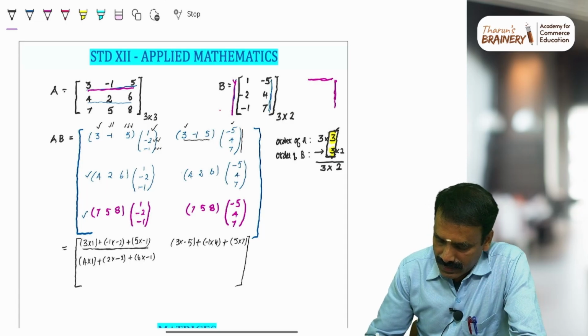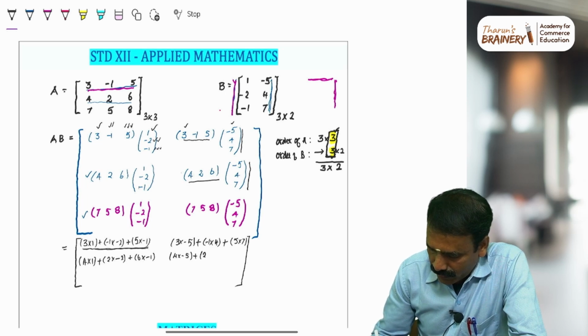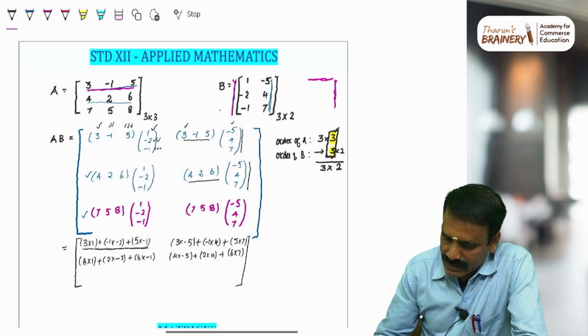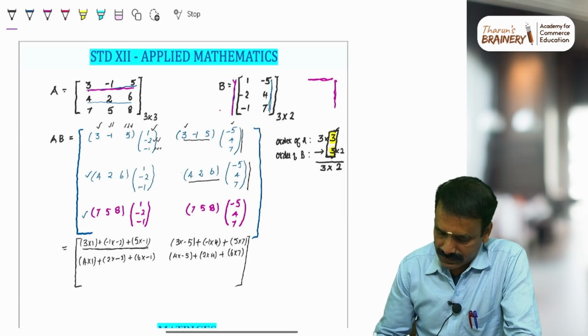Next, second row, second column. Multiply. So it is 4 into minus 5 plus 2 into 4 plus 6 into 7. So first element with the first element, second element with second element, third element with the third element. We found the product and we have added together.